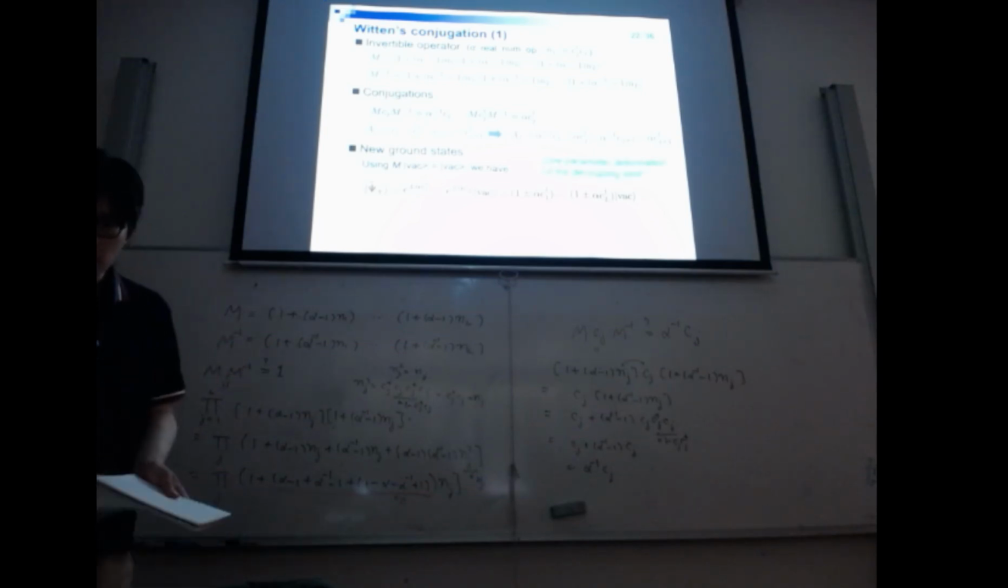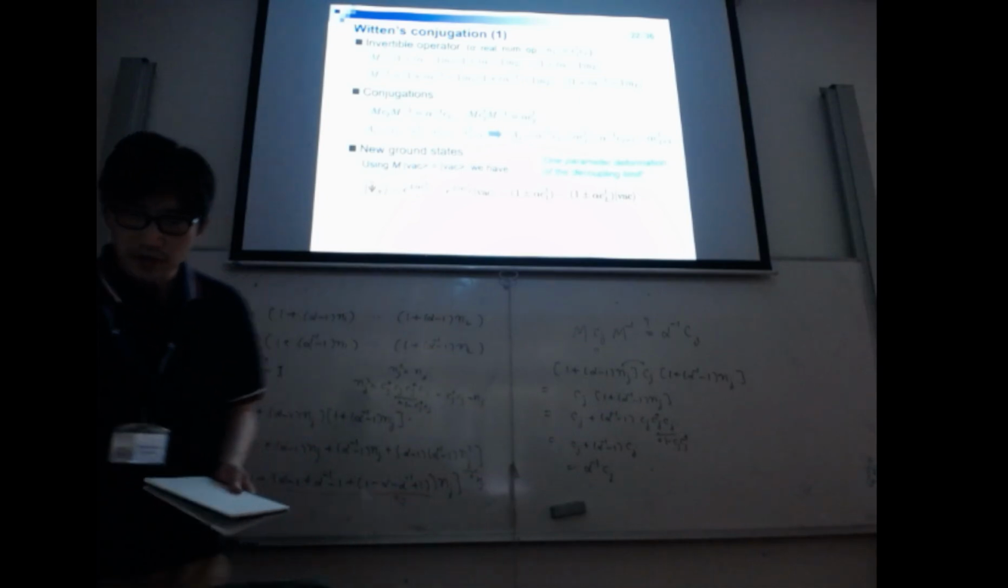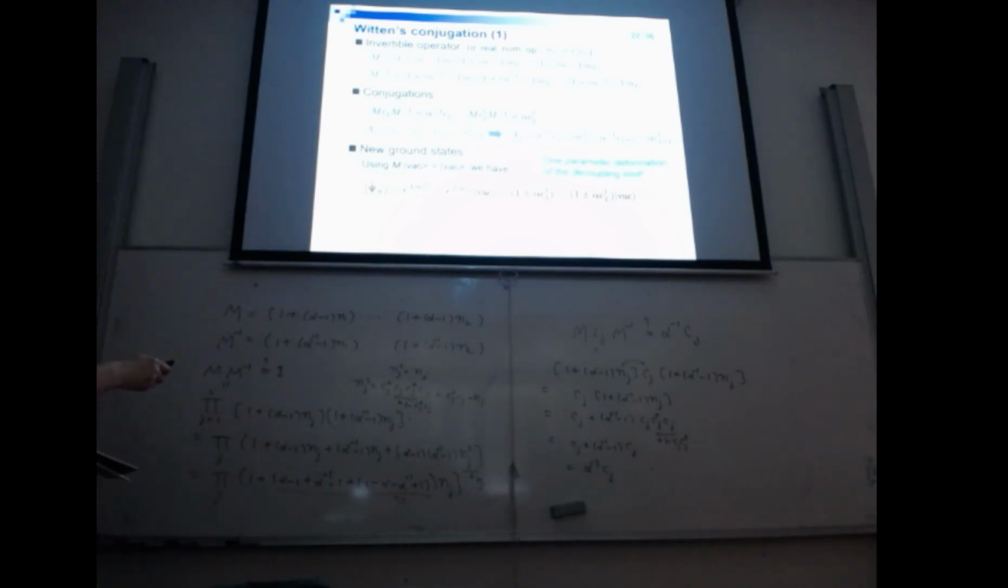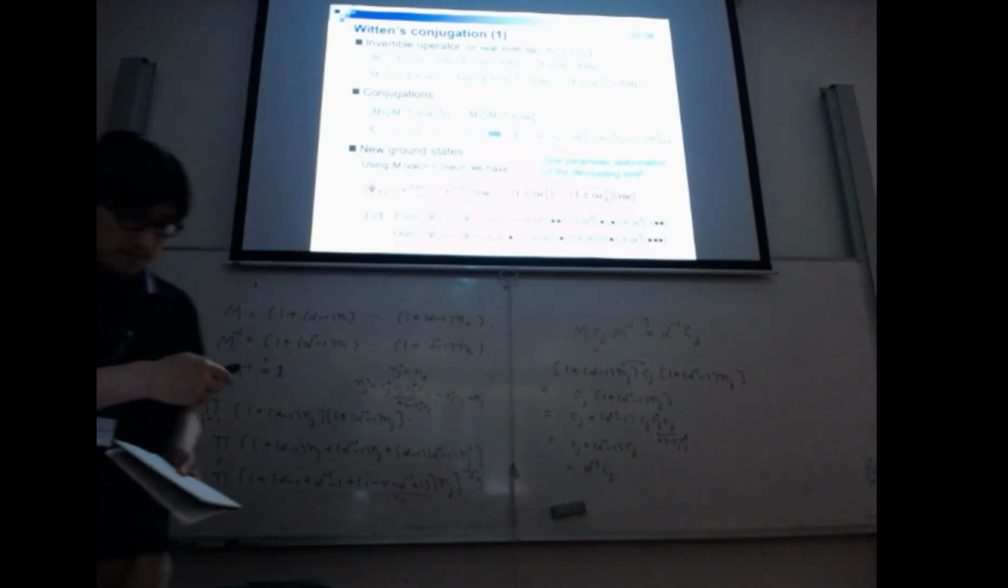So this is a one parameter deformation of the decoupling limit of the Kitaev chain. And for L equals 3, these are the two ground states. Previously you only had coefficient 1 everywhere, but here you have these powers of alpha, and the power counts the number of fermions. Here you have two filled sites, so that's why you have 2 here. Yeah, something like this.